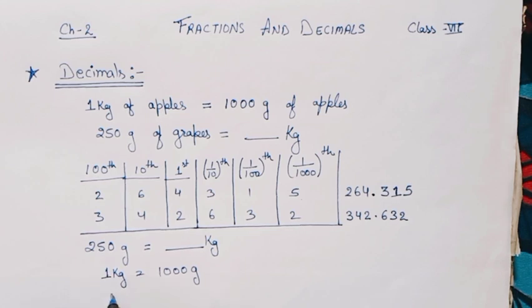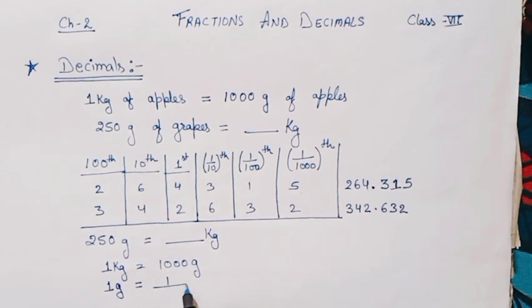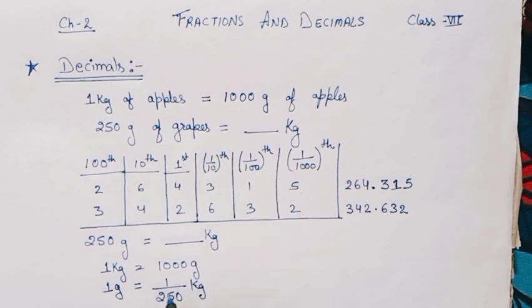By using the unitary method, we will first find out the amount present in 1 gram. That will be equal to 1 upon 250 kilogram. No, sorry, it's not 1 upon 250. That is the 1000.